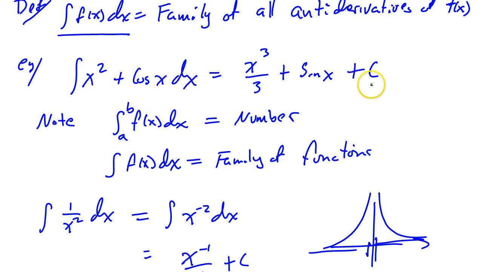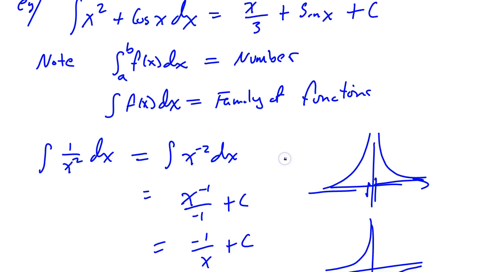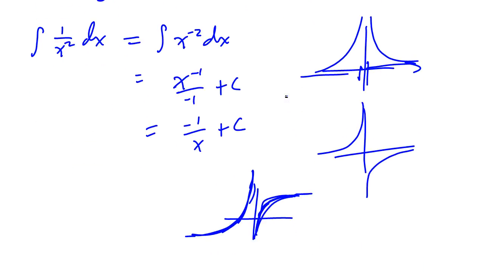So there really is just one c. All the antiderivatives of this function are just this function shifted up or down by adding different constants. But as soon as you get a function with an asymptote or a break in the graph, then the antiderivative is a little more complicated than just this, because you can shift each piece individually.